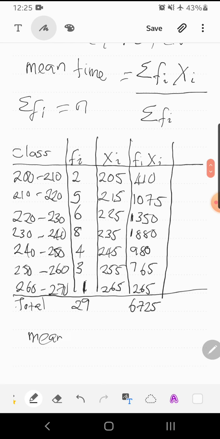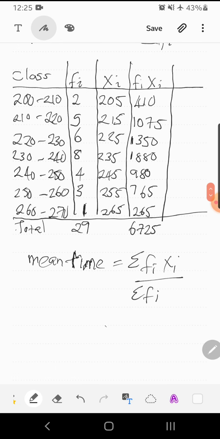So we go back to our formula. The mean time is equal to the summation of fi xi over the summation of fi. There the sum is 6725 divided by 29.